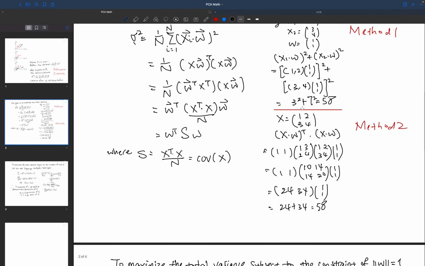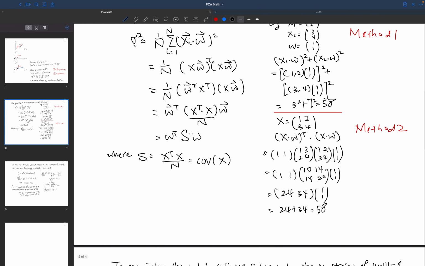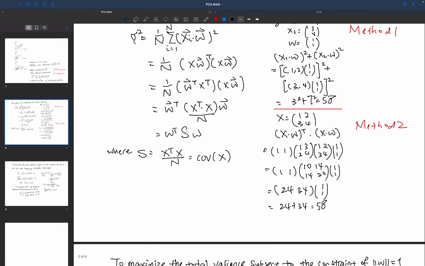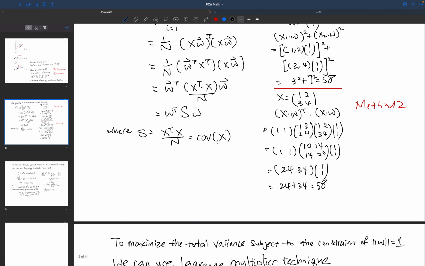So let's do it the second way. We represent this by X times w, transposed, and X times w. We can bring the transpose in to become w transpose times X transpose and X times w, and then we can bring out the w and write it in this form. We represent this whole thing by S, and S is none other than the covariance of this matrix.